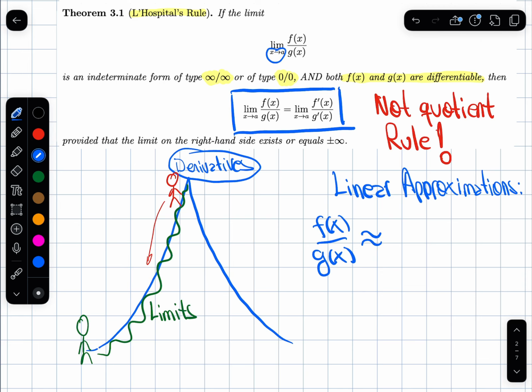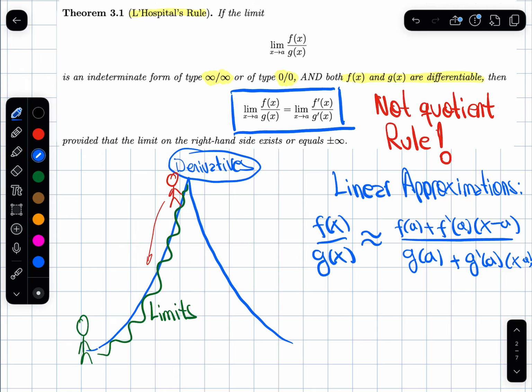Because x is going to a. You can use the linear approximation for f and for g at the top to get f of a plus f prime of a times x minus a, and then g of a plus g prime of a times x minus a, like this. So this will be the linear approximation for f at the top and the one for g at the bottom.